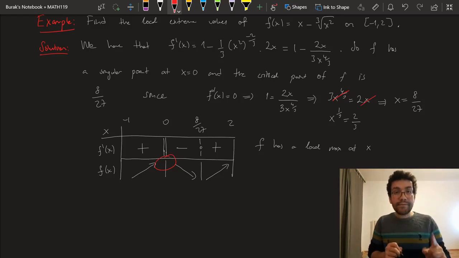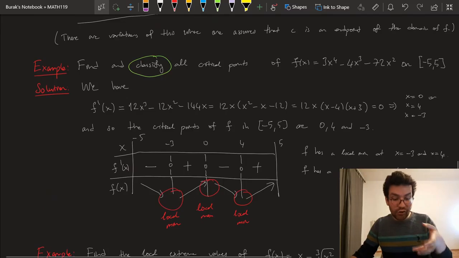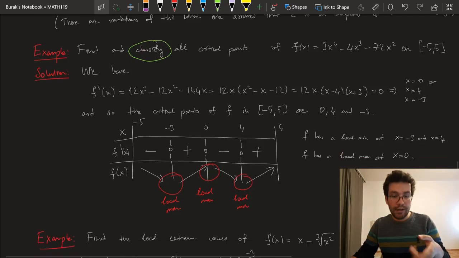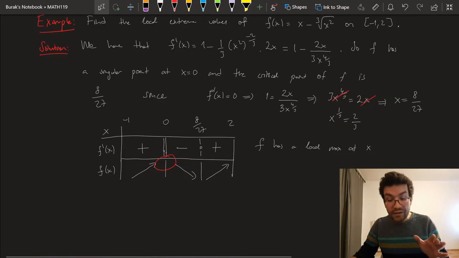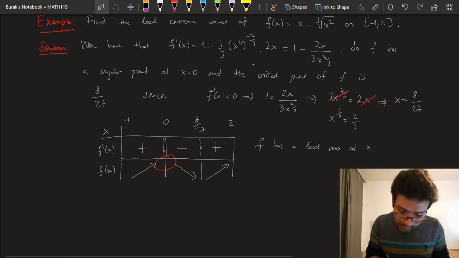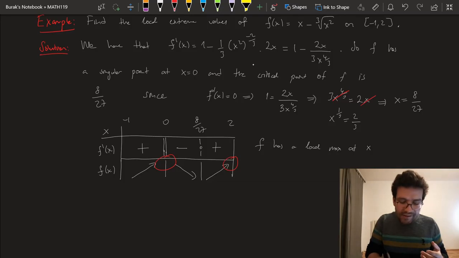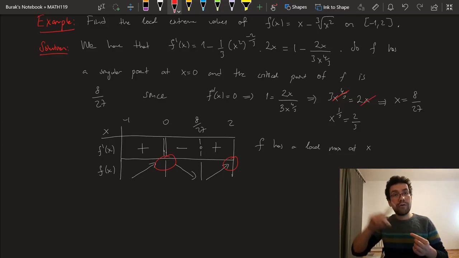But I didn't ask for just local extreme values at critical points. In the previous question, I was interested in just the critical points. Okay, but over here, I'm asking for all extreme values on all of this interval. So I have to consider the endpoints as well. So over here, my function is increasing and it stops here. So it's going to look like that or this or like that. In all these cases, my function will have a local maximum there.